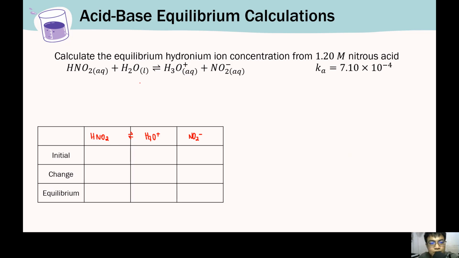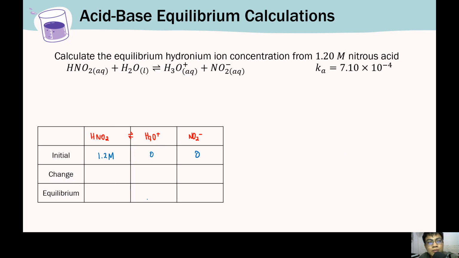For the initial concentration, we'll just write whatever is stated. So in our problem, that's just 1.2 molar nitrous acid. And then for the H3O and NO2 minus, walang sinabi, so 0.